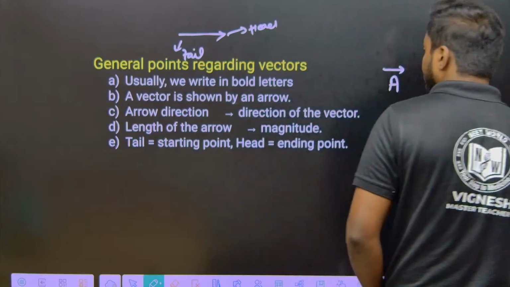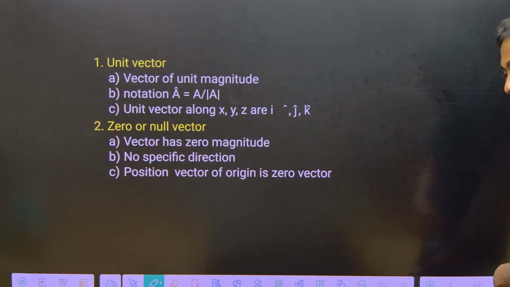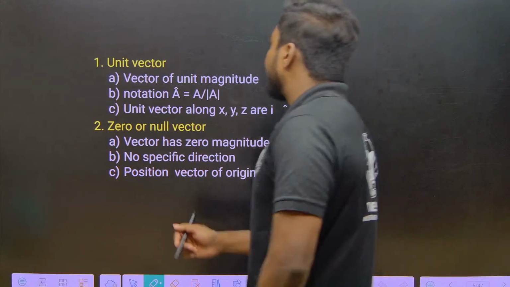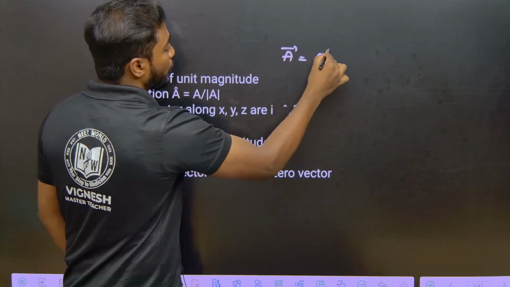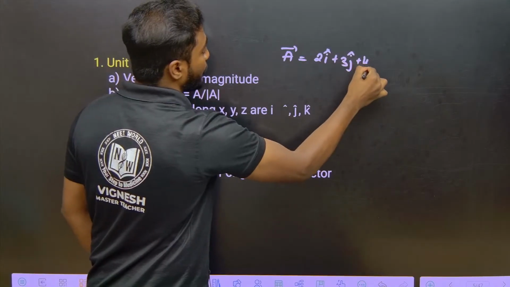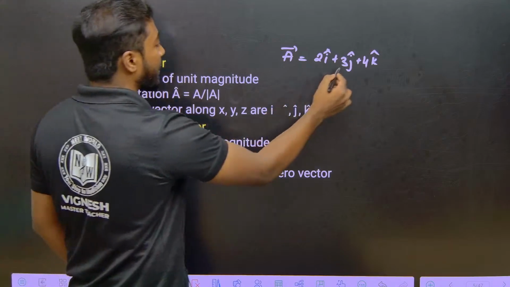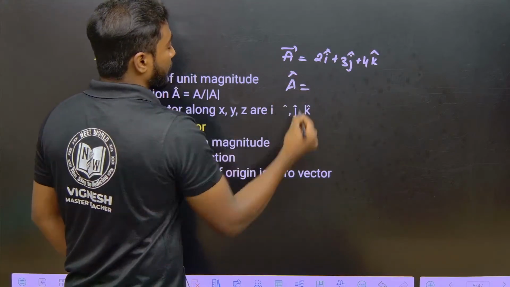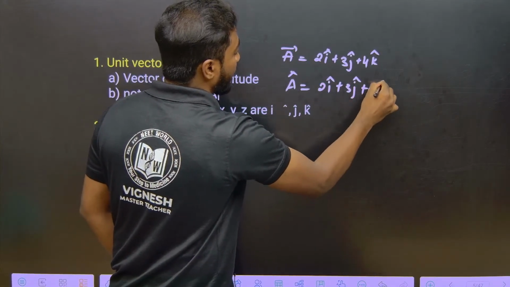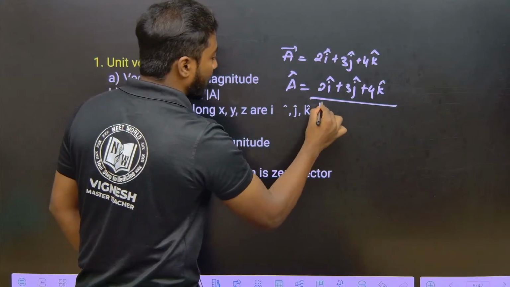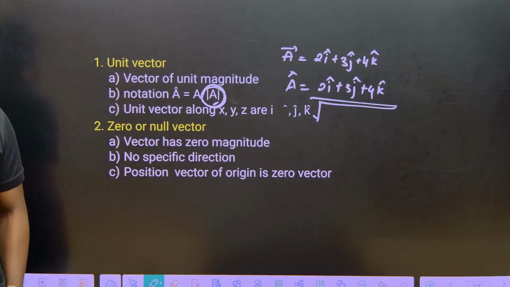So, types of vectors. The first one is the unit vector, a vector having unit magnitude. For example, an equation is given: A vector is equal to 2i cap plus 3j cap plus 4k cap. They are asking to find the unit vector. The formula is A cap is 2i cap plus 3j cap plus 4k cap divided by the modulus, that is, I need to take the magnitude of the vector.